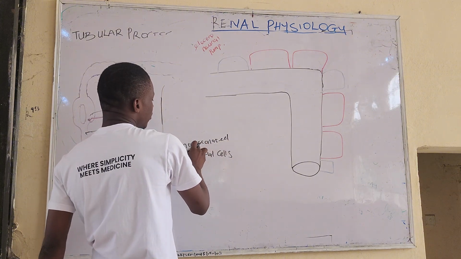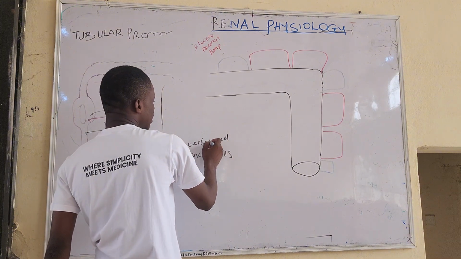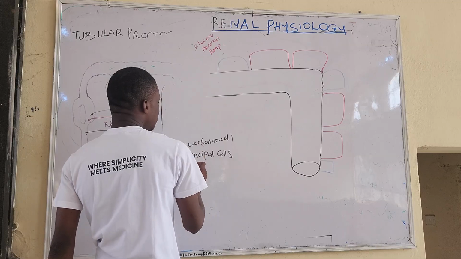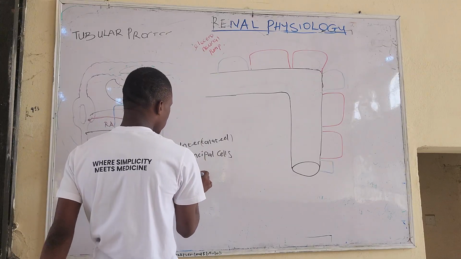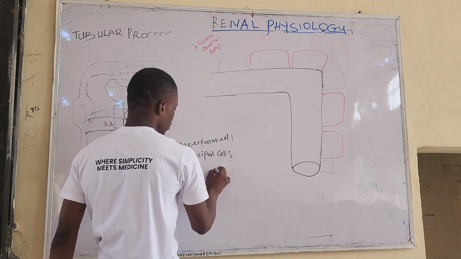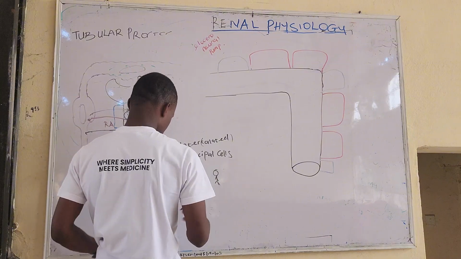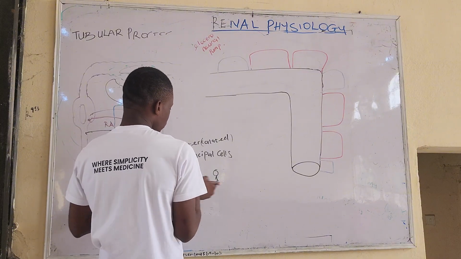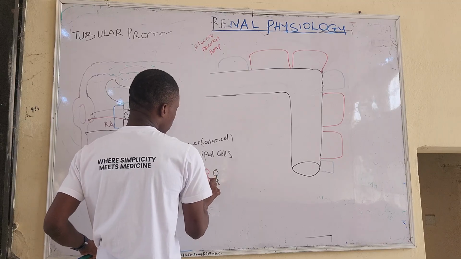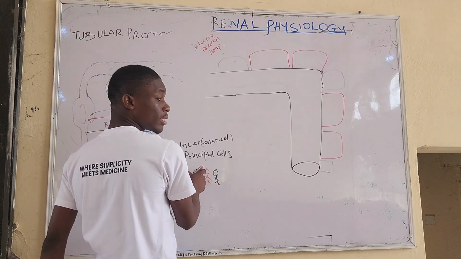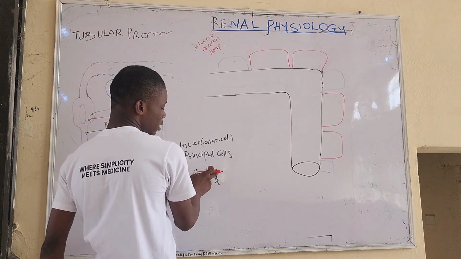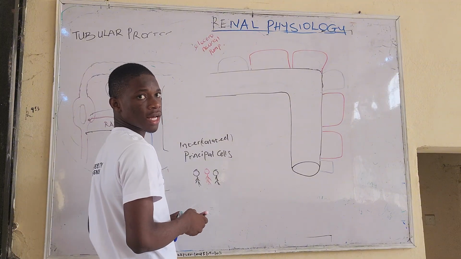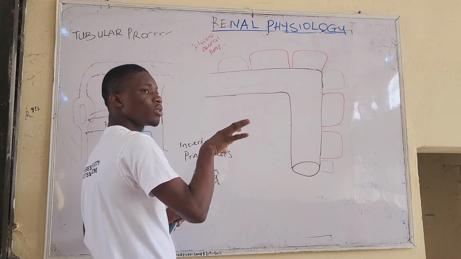Intercalated means between cells. Meaning if I have somebody here and somebody here, this one in red is between two things. It is intercalated. Is that clear? Intercalated basically means between cells.